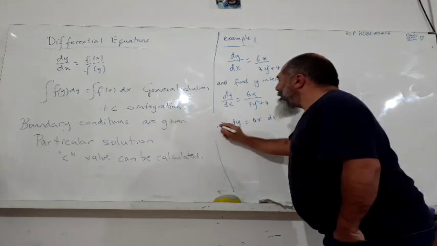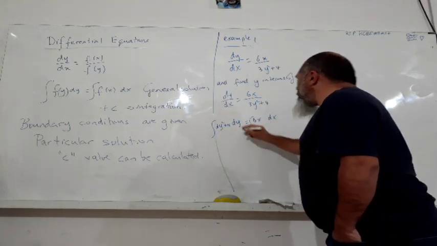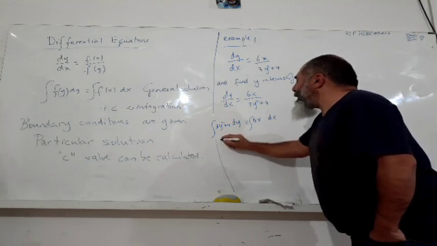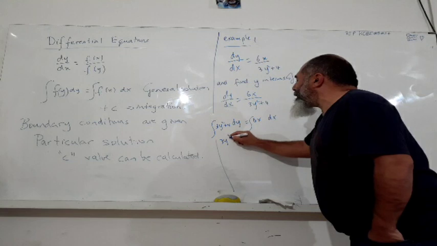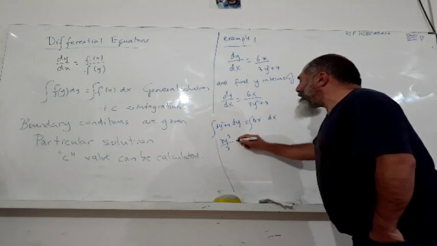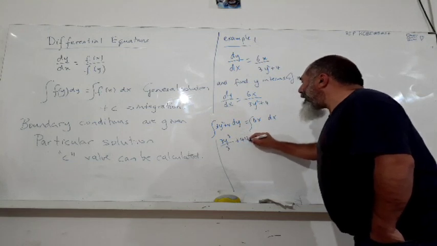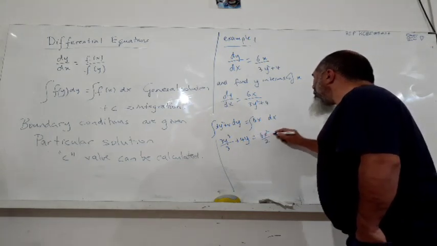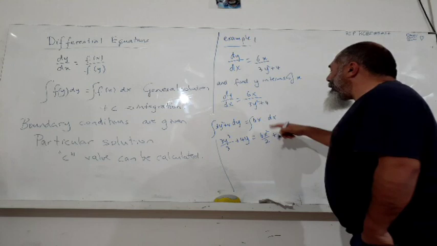3y to the power of 3 divided by 3, plus 4y is equal to 6x squared divided by 2, and you can put only one c on one side. You don't need to put a c there and another c there.